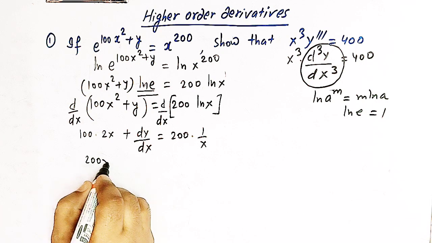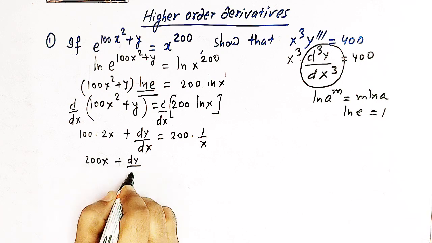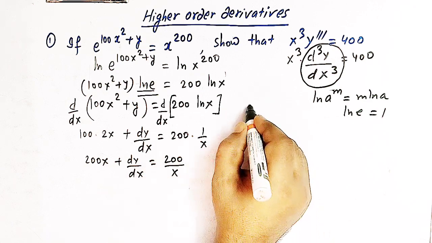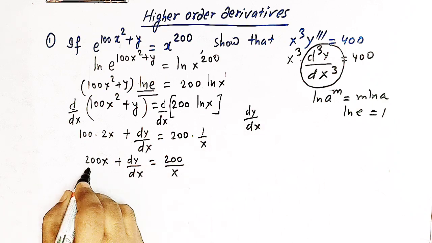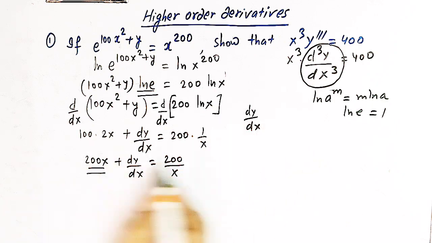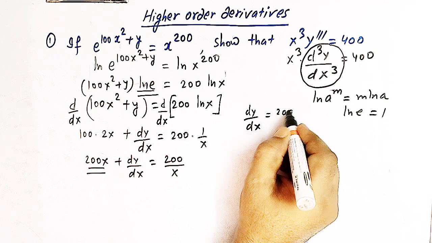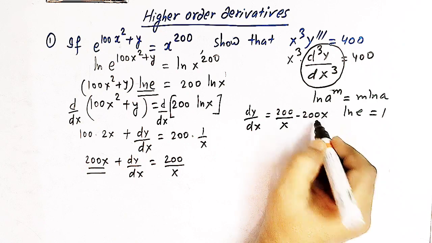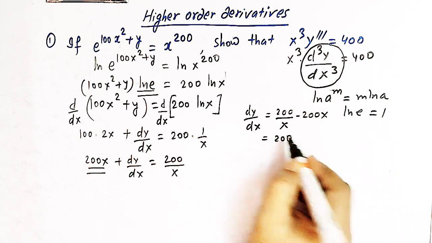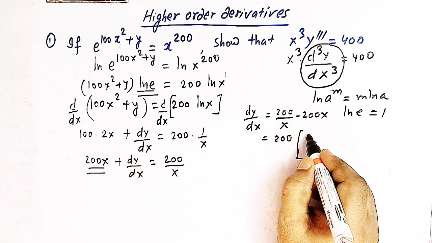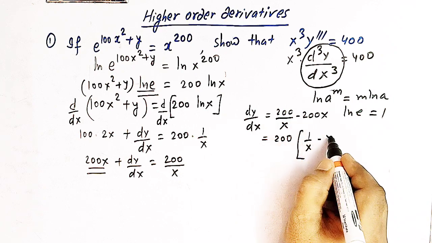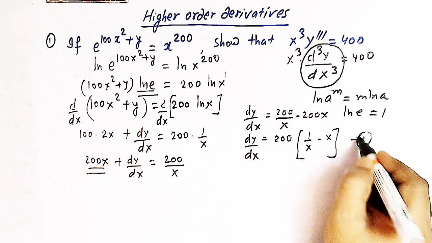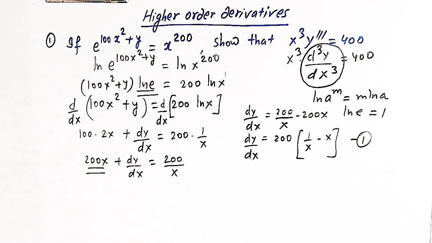So we have 200x plus dy over dx is equal to 200 over x. Now we can take this term to the right hand side. So we have 200 over x minus 200x, and taking 200 common, we have 200 times 1 over x minus x. So the first derivative is given by this expression.